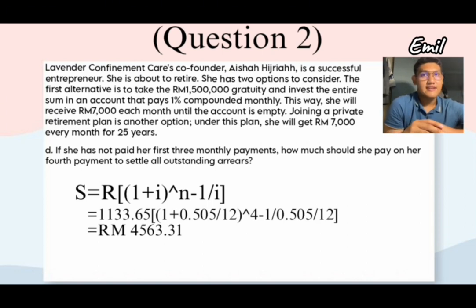So here we're going to find the S. The R is 1133.65, the big bracket, 1 plus i, 0.0505 divided by 12, close the bracket, to the power of 4 because of the fourth payment, and then minus 1, divide by i again, 0.0505 divided by 12, close the big bracket, and then the final answer we get is RM4563.31.